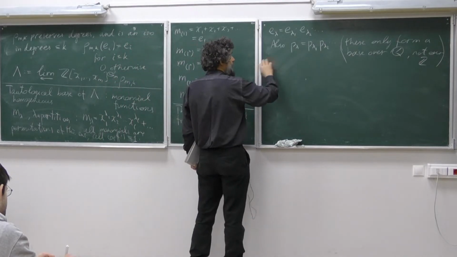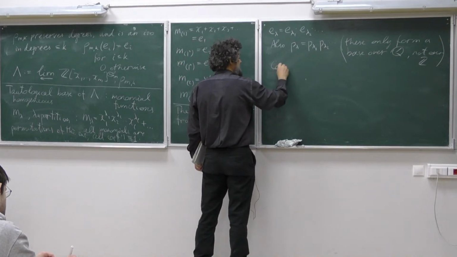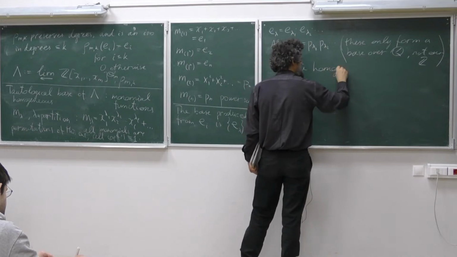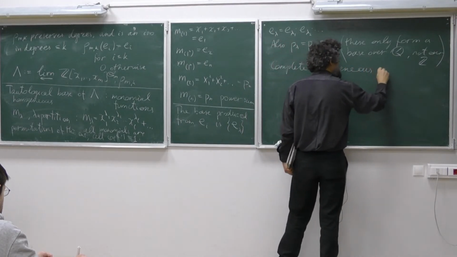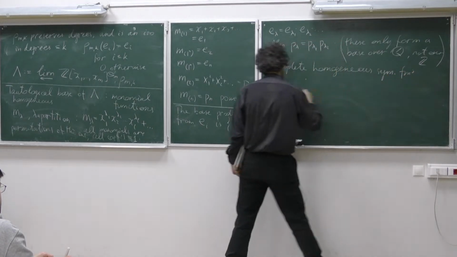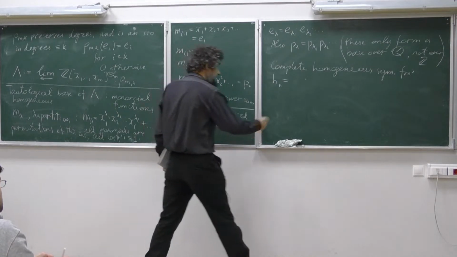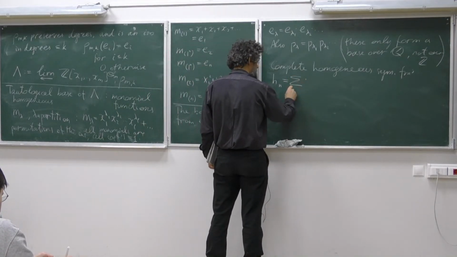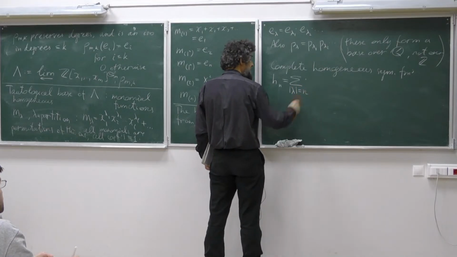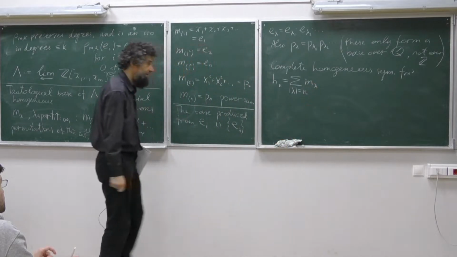And while we are introducing notation, let me introduce the complete homogeneous symmetric functions H n. So it is the sum over all partitions of n of the corresponding monomial functions.